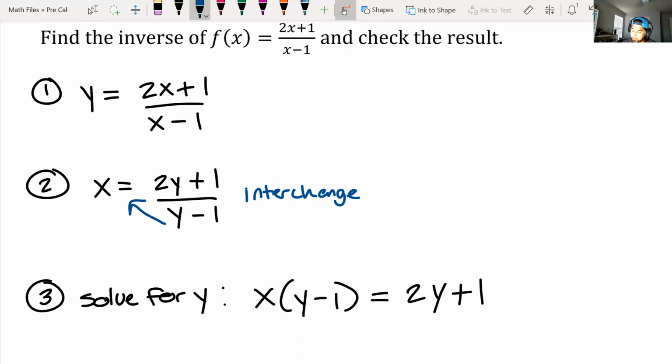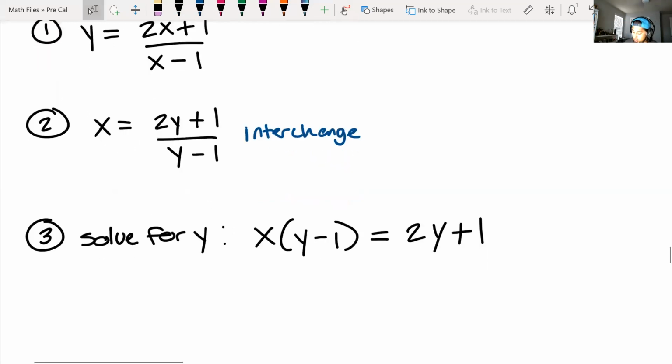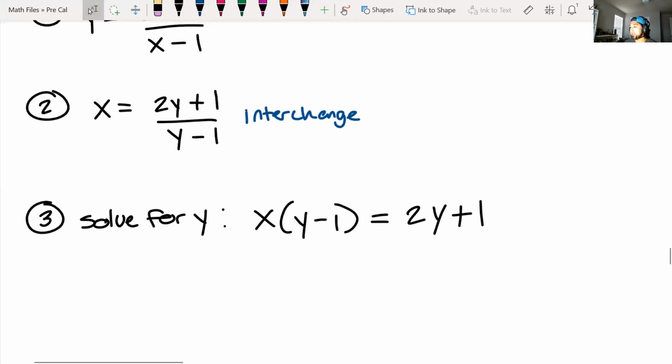Okay, and now we have to solve for y. So what's our next step? Distribute. Good. You get x times y minus x equal 2y plus 1.